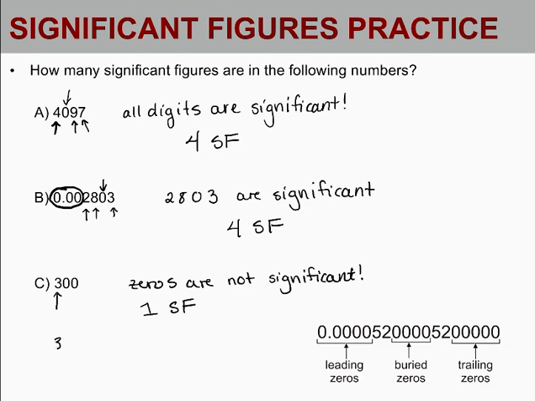But let's say that this was written as 300 with a decimal point at the end. That decimal point tells us that we are sure of those 2 zeros. Whereas before, without the decimal place, we weren't quite sure if those zeros were significant or not, or if they were just placeholder zeros. So adding that decimal point tells us that the zeros are significant and that we are certain of our measurement. So in that case, we would have 3 sig figs.